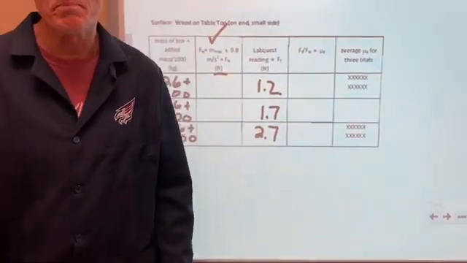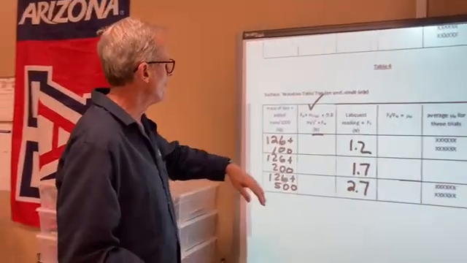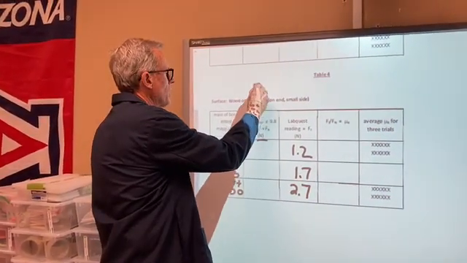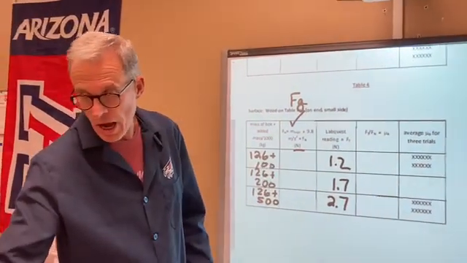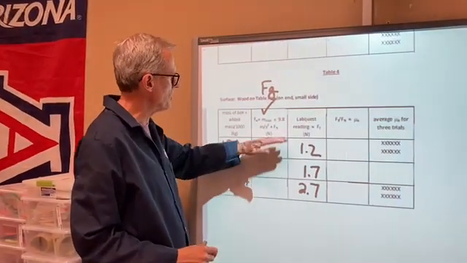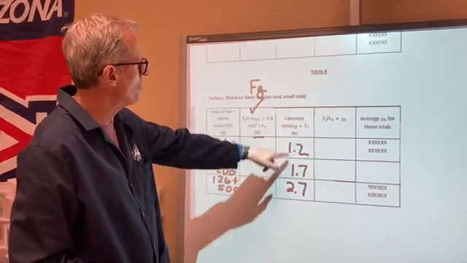Okay, that's it. So now you have all your data. You're going to calculate first. This says FW, but in this class, this is FG. This is the gravity force acting on the box with the weight on it. You can calculate that. Then once you have the FG, you know this is the pulling force.